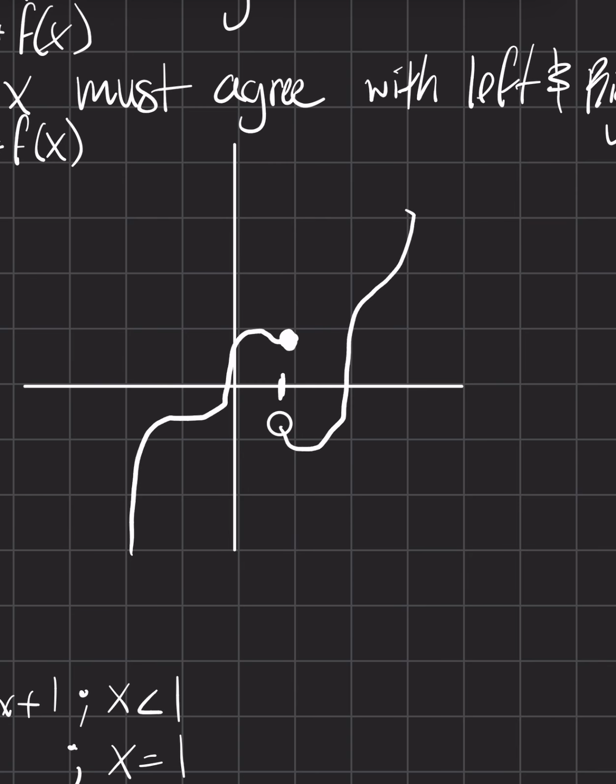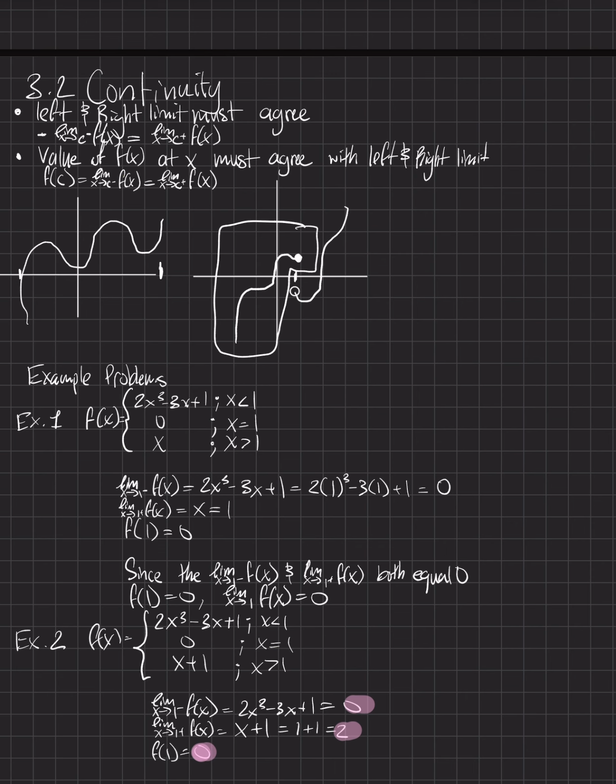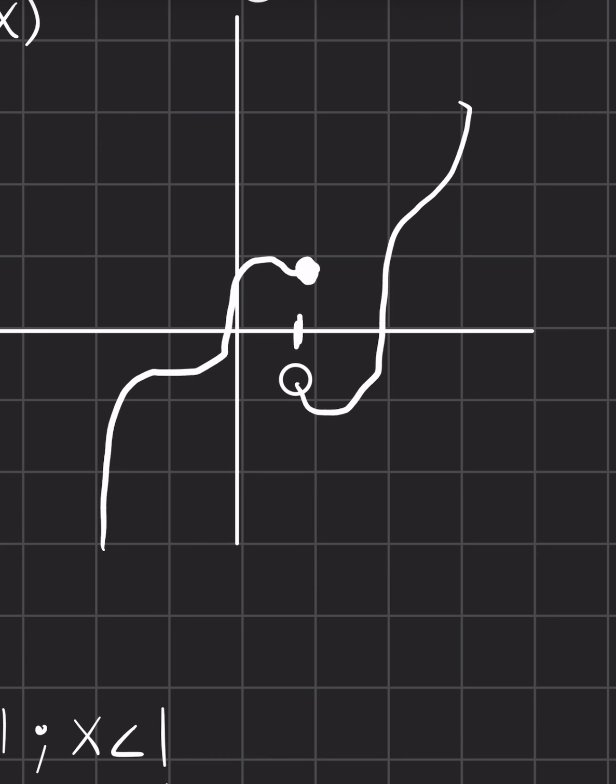Say that our value from the negative side is, say, this top function here, right? But our function at the bottom is behaving like our function from positive infinity, right? So you can kind of see there's this gap here where it jumps.